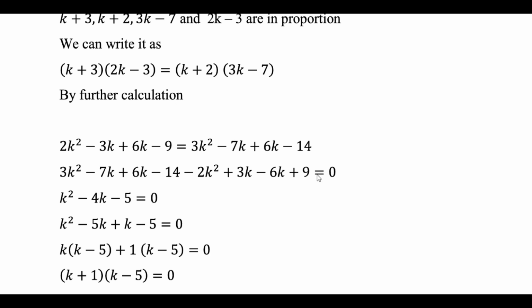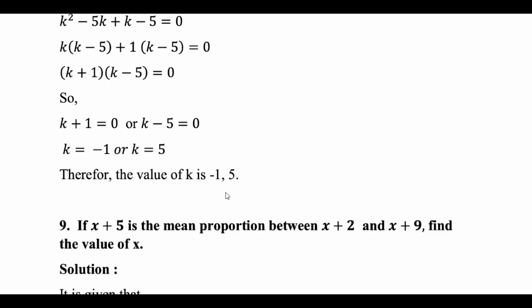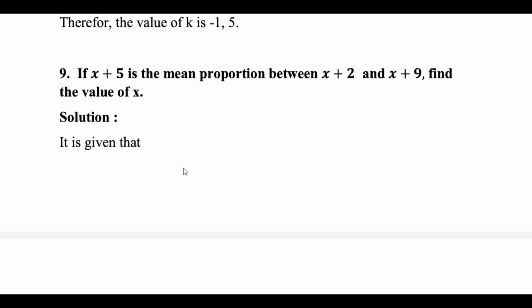After that, a little bit of further calculation. (k plus 1) into (k minus 5) is equal to 0. So either k plus 1 is equal to 0 or k minus 5 is equal to 0. So k will be either minus 1 or plus 5. So the value of k will be minus 1 or 5. Come to the next problem.